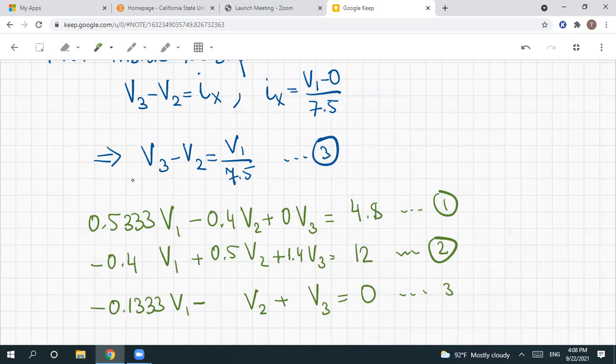So these are the three equations that we have here.